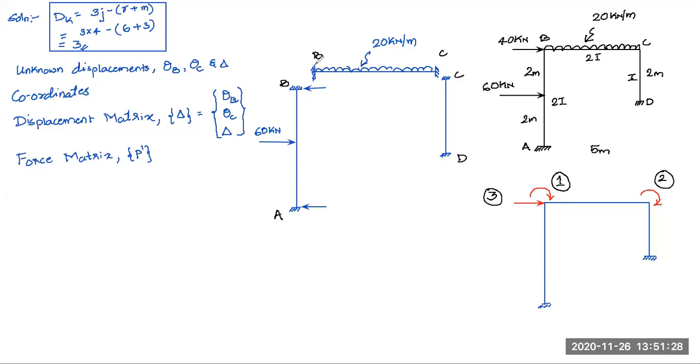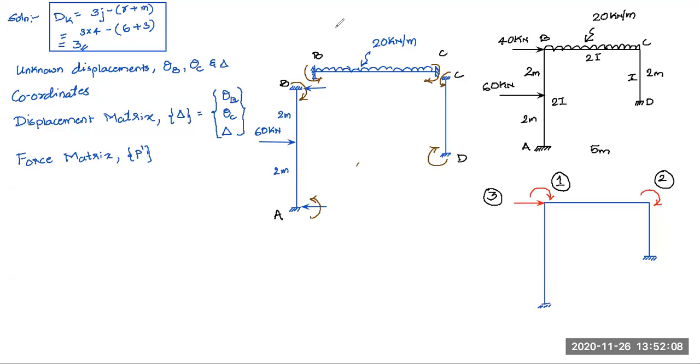So here the moments will be developed. Can you find out those values over here? These are the fixed end moments which will come across in this beam, and also in member AB. In member CD, since loading is not present, the fixed end moments will also become 0. So in member AB, this is 2 meter and 2 meter, WL by 8, that is 60 into 4 by 8.